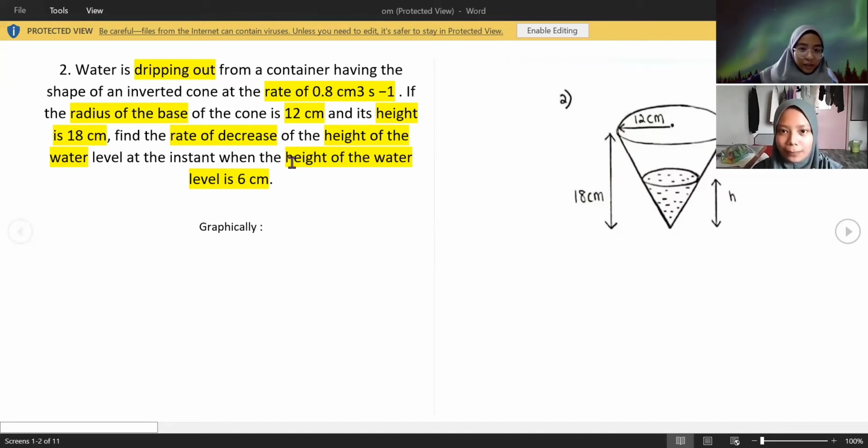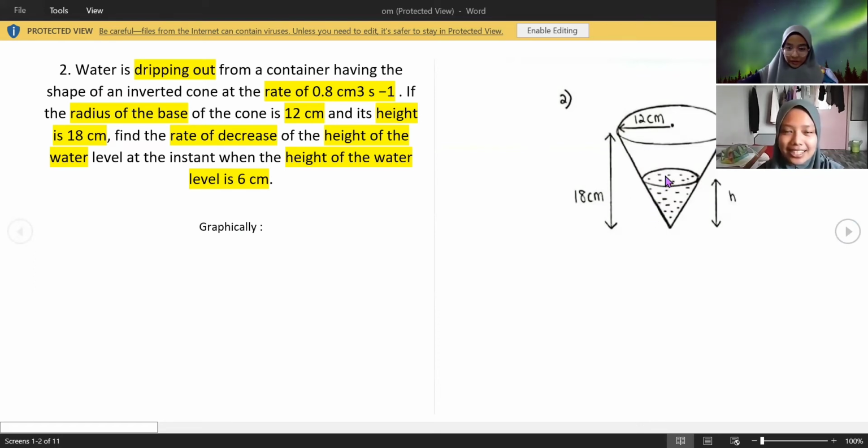Okay. And when do we need to substitute the 6 cm? Okay, so basically, if they give us the height of the water level is 6 cm, that means we have to make sure our equation is in terms of height itself, because we don't have its radius. So we have to find the terms in terms of h.